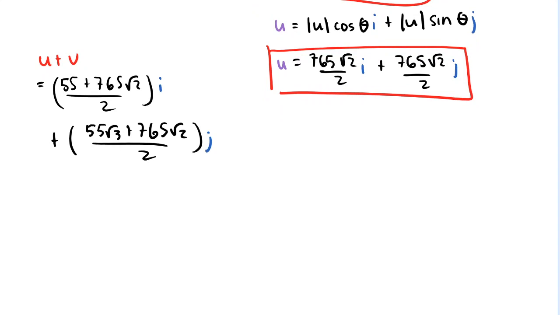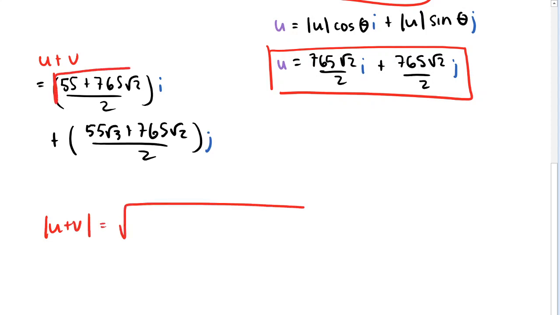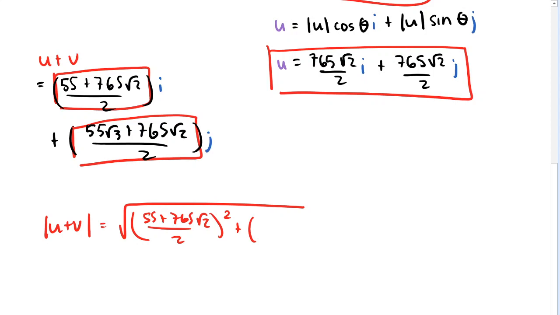If we want the true speed and the true direction, we need to find the magnitude of this vector. In other words, we need to find the magnitude of u plus v. This is equal to the square root of this quantity squared plus this quantity squared, the horizontal and vertical displacement squared.